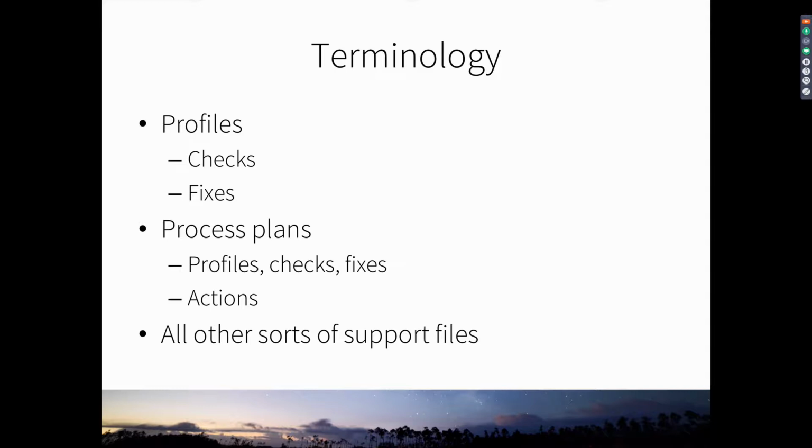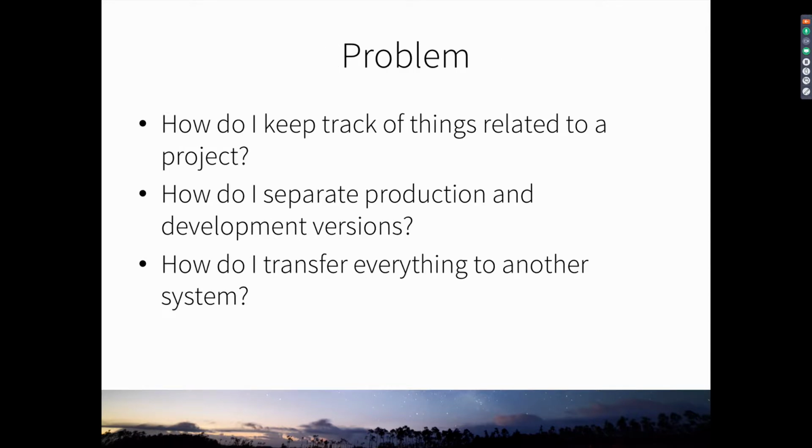A fix that is embed fonts might use a font policy configuration file. Imposition actions will use imposition configs. So if you think about it, there are not only profiles and process plans, but there is a whole list of things that you need to keep track of and that PDF Toolbox keeps track of in some way.